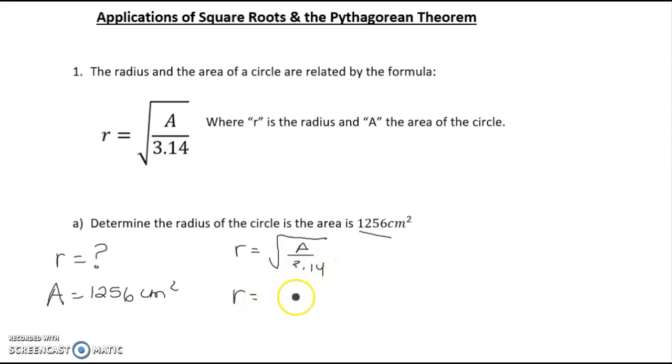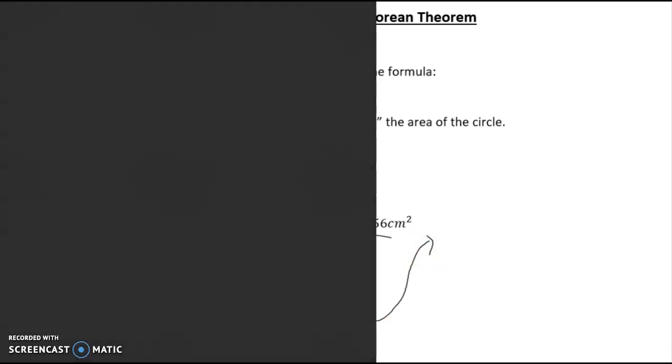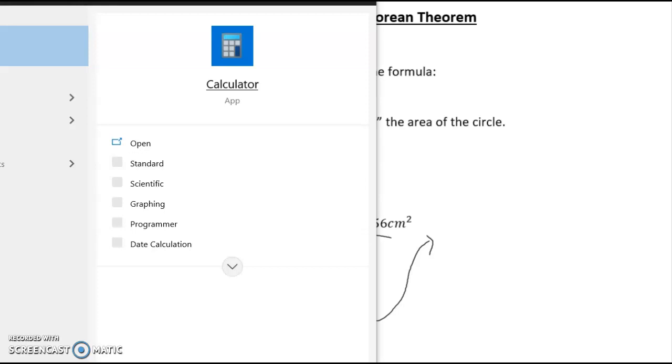Okay, so R equals, do the big square root. So A is 1256 divided by 3.14. Okay, I'm just going to move it over here. So in our calculators, just open it up.